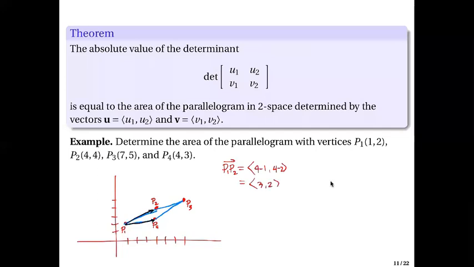And then the other vector that we need is P1P4. So P4 is 4, 3. So 4 minus 1, comma 3 minus 2. This is the vector 3, comma 1. Following?